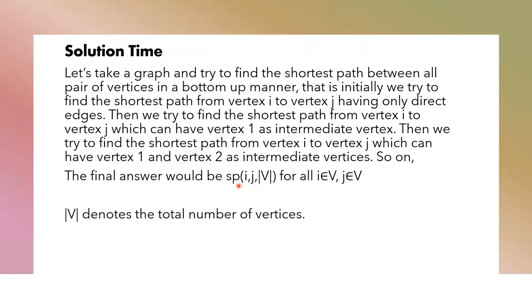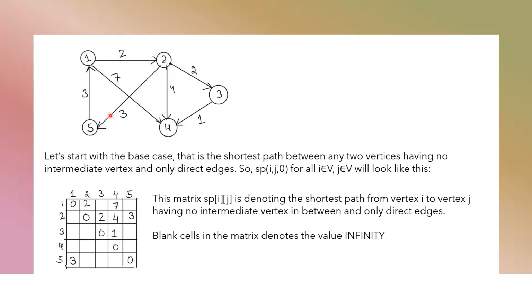Then we find it from vertex i to j which can have vertex 1 as an intermediate vertex. Then we find the shortest path from i to j which can have 1 and 2 as intermediate vertices, which we just did before. The final answer would be sp ij of mod V, which is the number of vertices. Here we have taken another example.